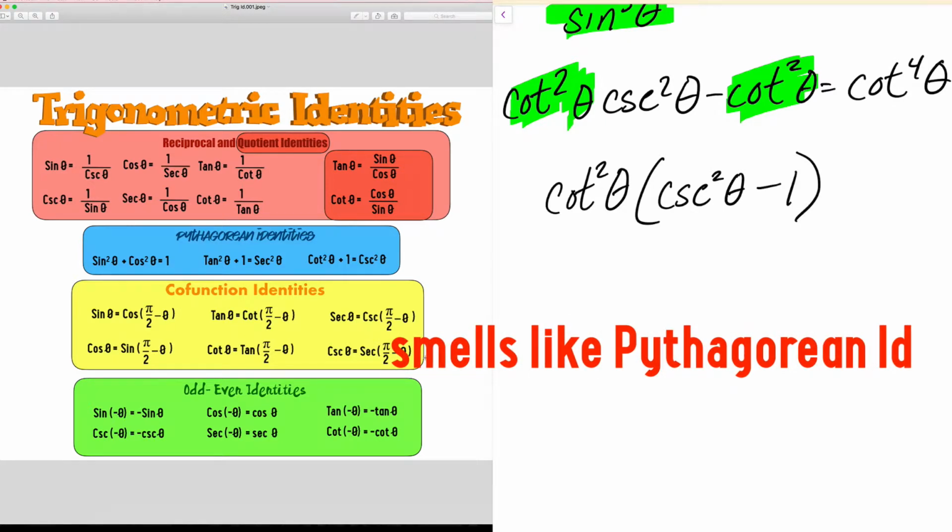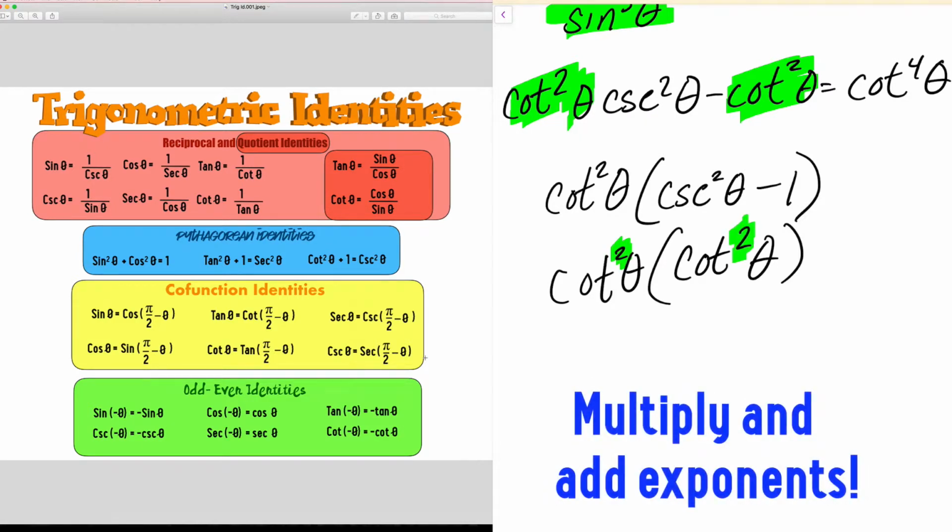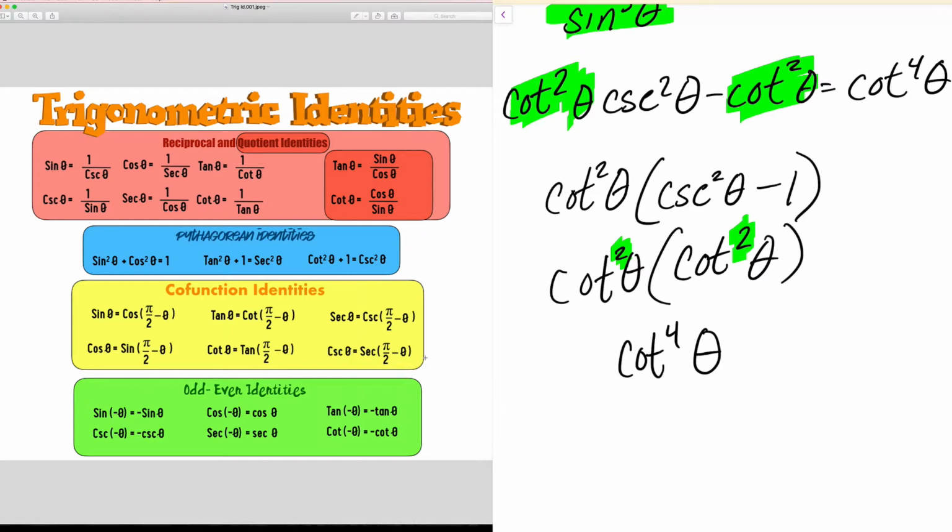This is a recurrent pattern: I see a squared with a minus 1. That again is a Pythagorean identity. Cosecant squared theta minus 1 is cotangent squared theta. Now I can multiply these two terms, adding my exponents, and that leaves me with cotangent to the 4th power theta, which is what I have here.